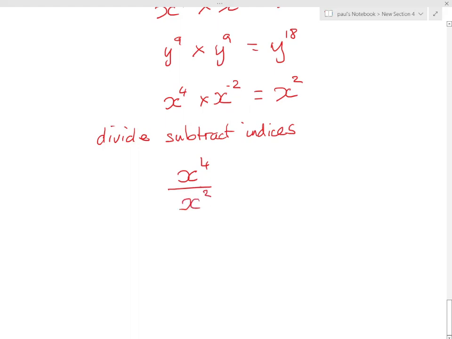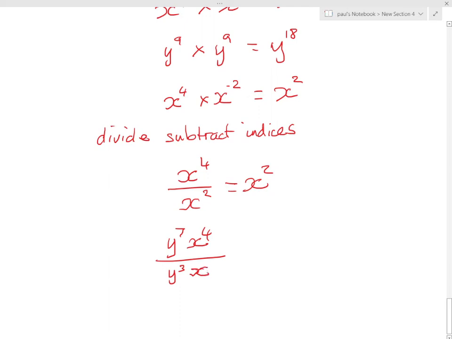So I'm going to write my divisions like this, because then you get the indices underneath each other. So x to the 4, 4 take away 2 will be x to the 2. And that could be made more complicated by having y to the 7, x to the 4 over y to the 3 and x alone.